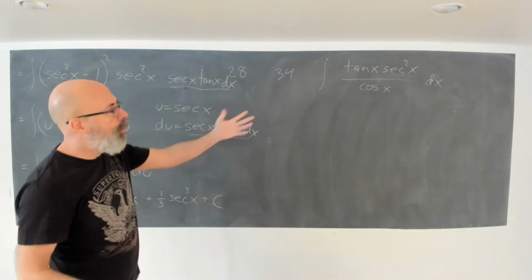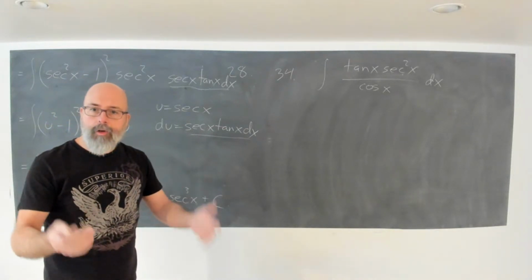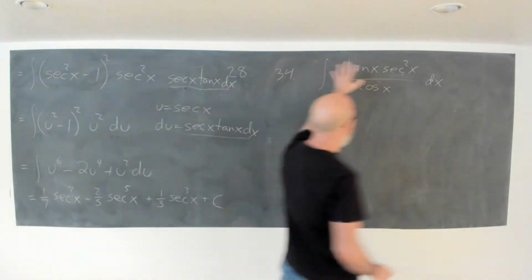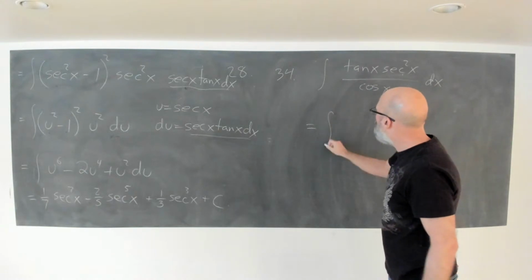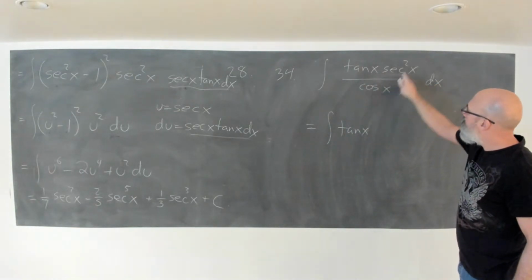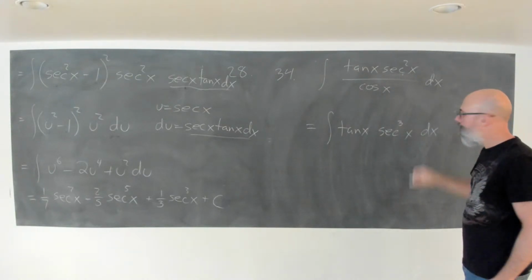You probably don't want tangent, secants, and cosines. So simplify. You either rewrite everything in terms of secant, since 1 over cosine is secant, so this is easily seen to be the same as this.